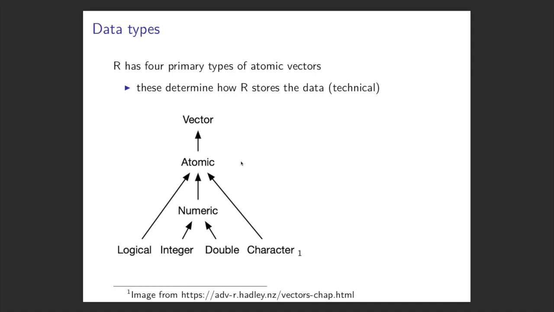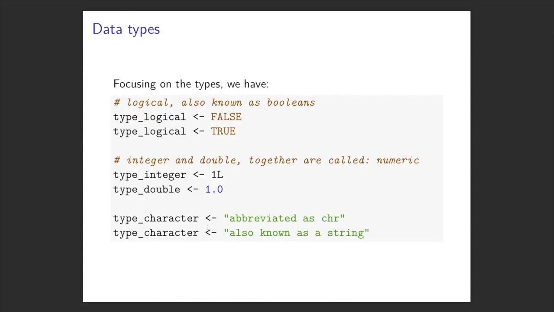So R has 4 primary data types for atomic vectors, which are the ones you're going to need to know about. These are kind of a technical issue. It's how R stores the data on the computer, but it comes up all the time because you get type errors like we just did. So we need to understand where these are coming from. So if we just focus on these data types, we have logicals, which are true or false, or NA.